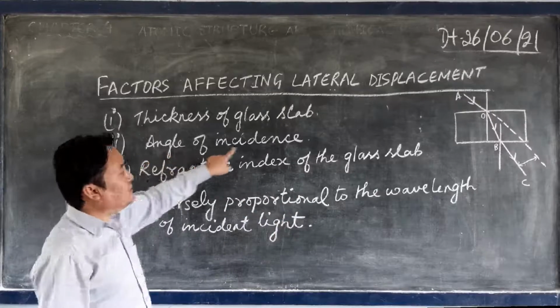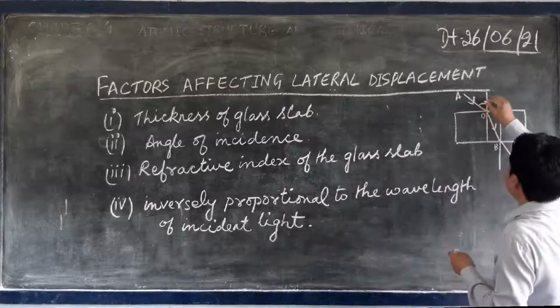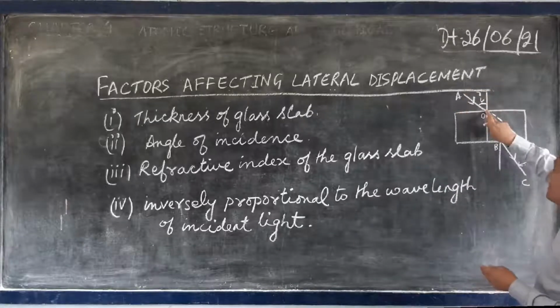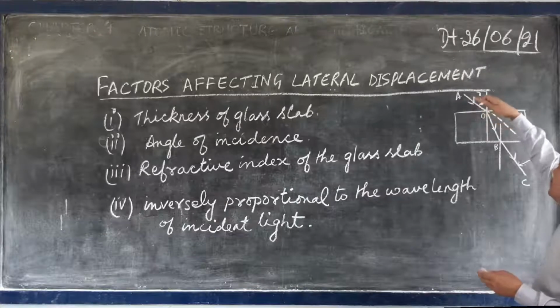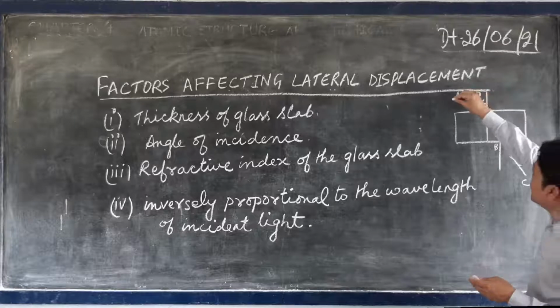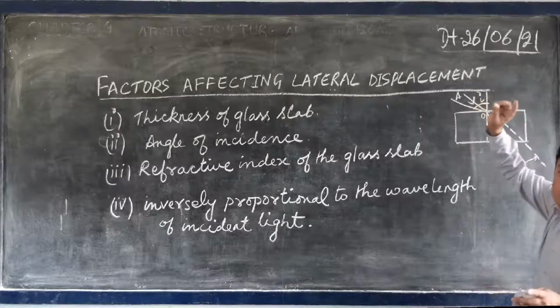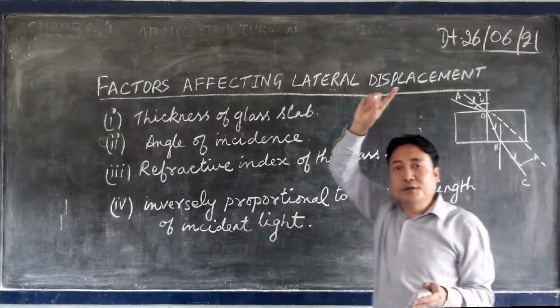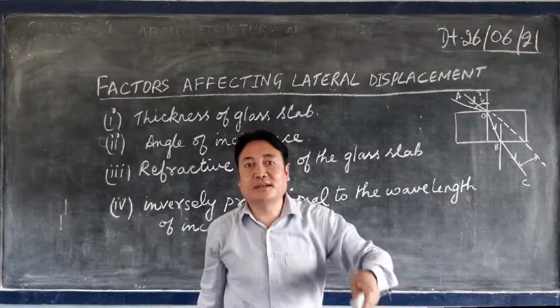The second one is the angle of incidence. This is the angle of incidence. When you increase the angle, the incident ray gets increased. Suppose the incident ray comes here, so the angle of incidence will go on increasing. The more the angle of incidence, the more will be the lateral displacement.